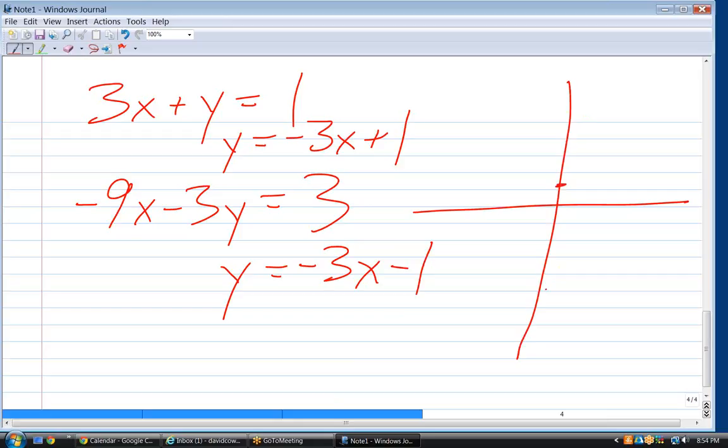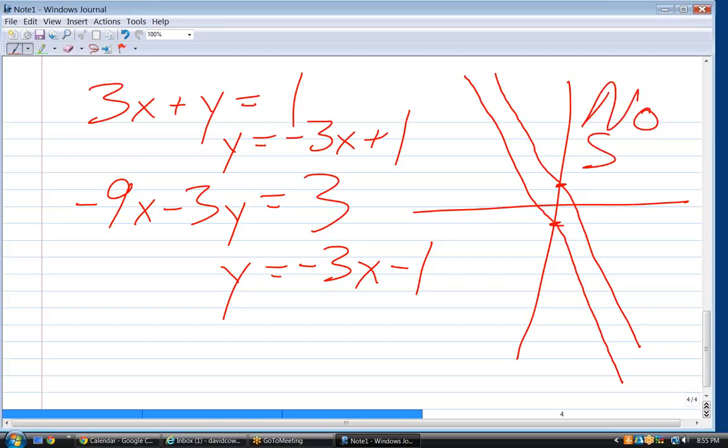One has an intercept there, the other has an intercept there. A slope of -3 is like that. That's the first equation. Second equation is a parallel line. We know that if two lines have the same slope, they're parallel, right? Parallel lines never intersect. So this has to be no solution.